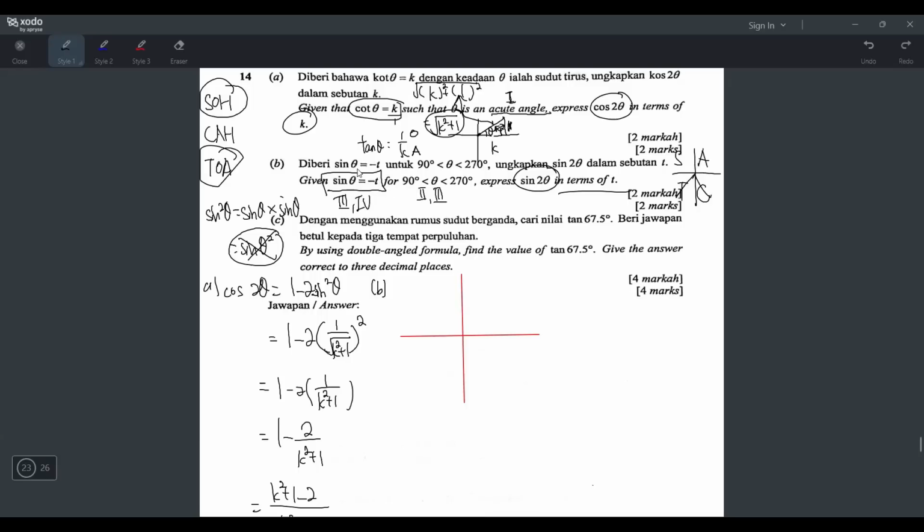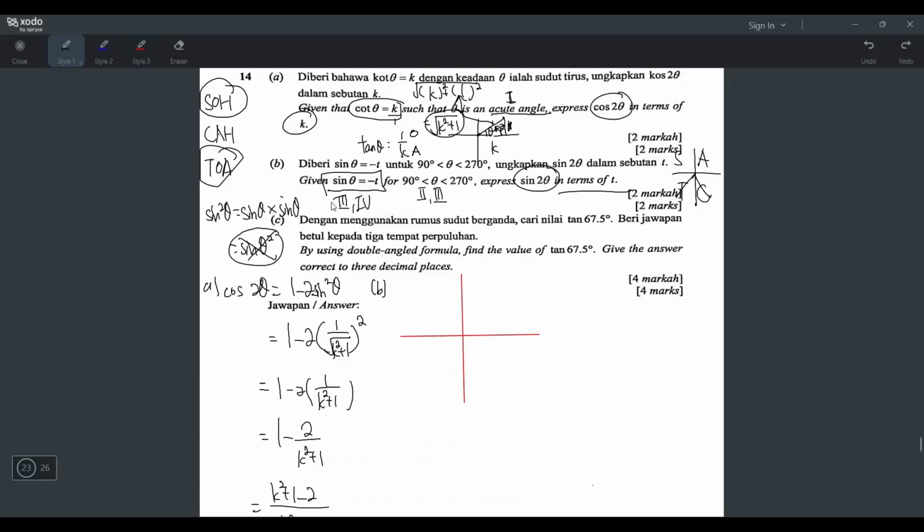Okay, and the reason why I check here is because this one doesn't help us. For the first question just now they already said acute angle, so no need to think. Acute means confirm quadrant 1. But if the case is like this, where it can be this quadrant and then it can be the other quadrant, then you check this part. And after you check this part, now you see this is quadrant 3, quadrant 4. So I think the answer is quadrant 3.